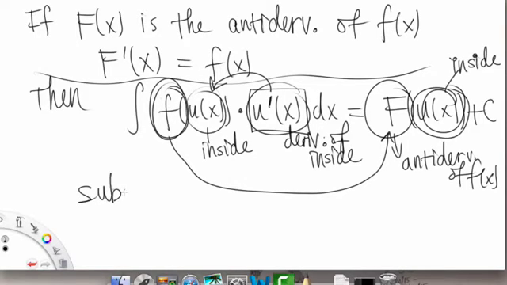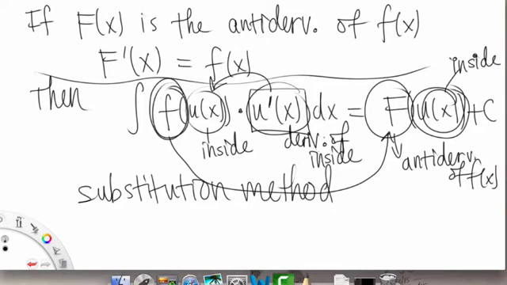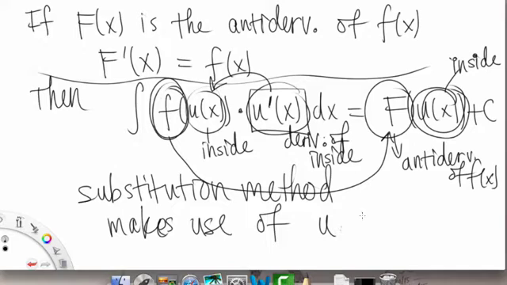What the substitution method basically does is make use of the middle function u, also known as u of x. Alright, so this is how it works.